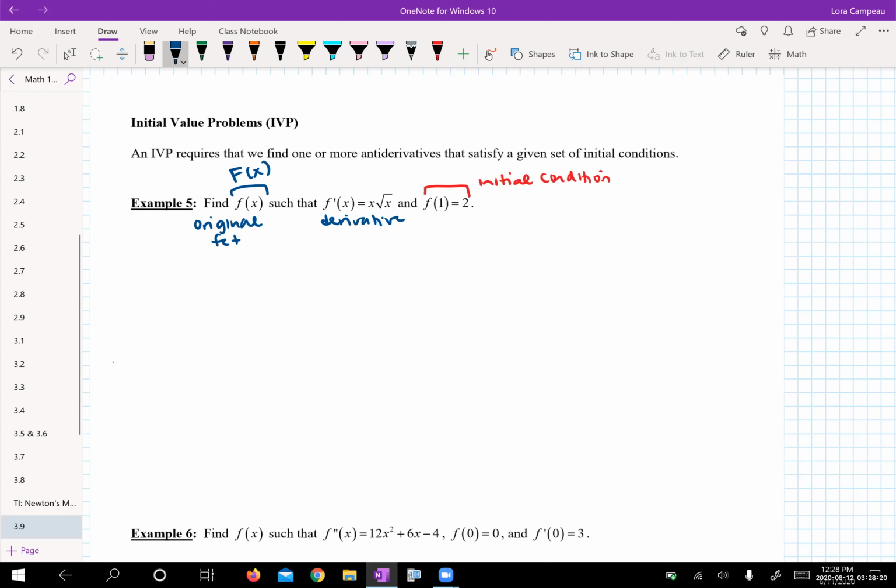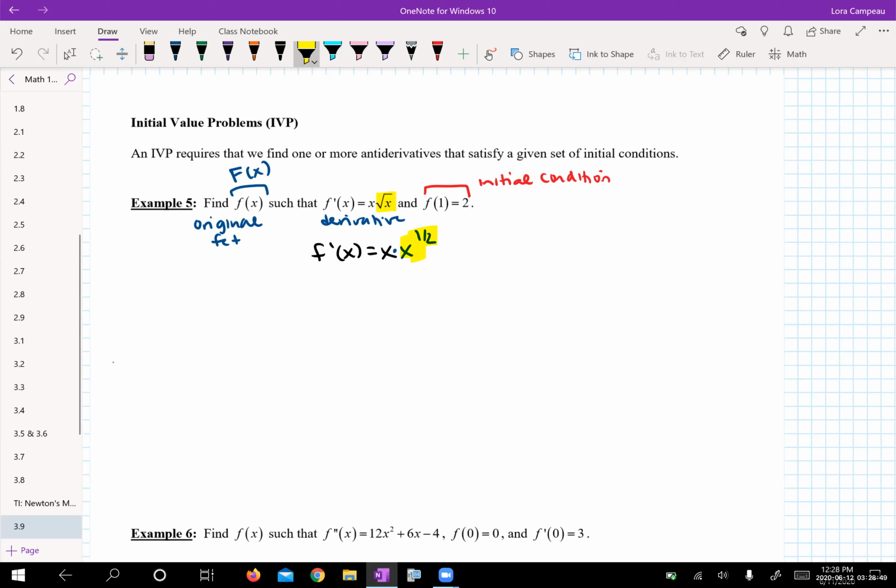And one of the things that should stick out in our mind is that whenever you see a radical, like we said earlier, rewriting the radical using rational exponents may help us with understanding what to do. Square root of x is very popular. You've probably noticed in the last few examples.